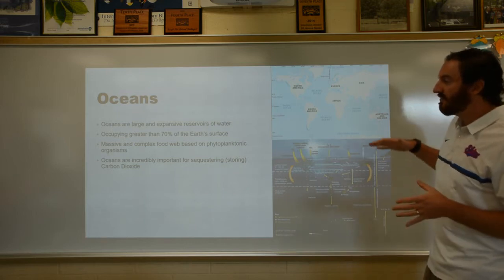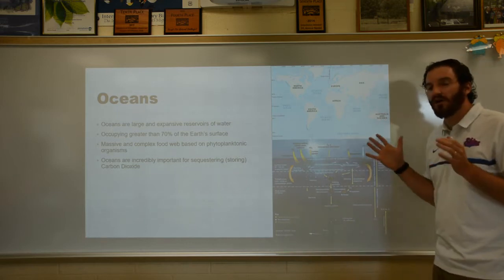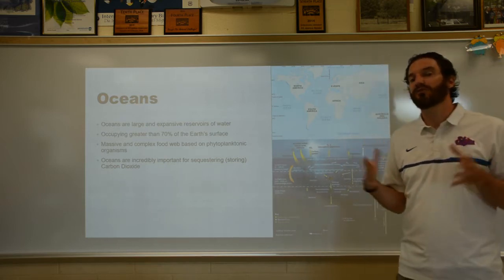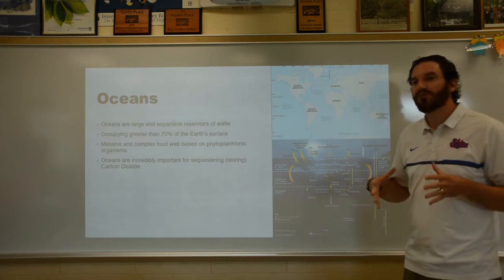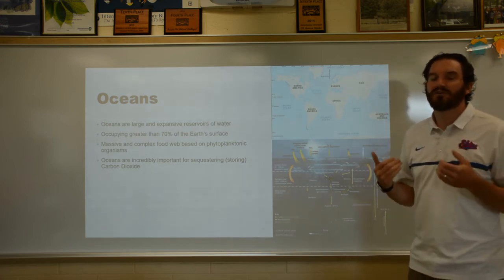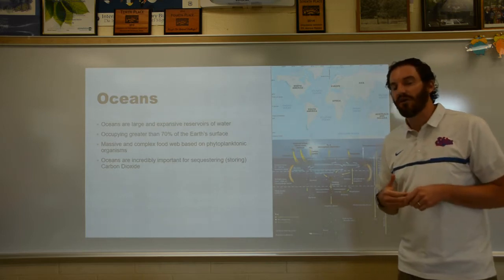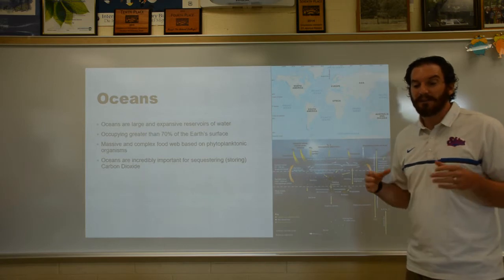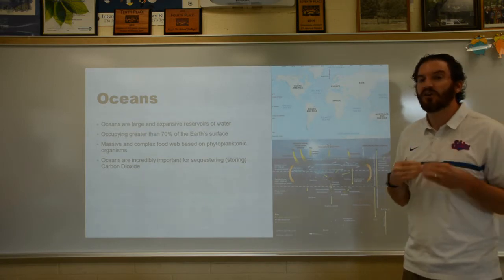Phytoplankton is then consumed by zooplankton, and then it starts to work its way up the food chain, the food web. It's incredibly important. The oceans are incredibly important, not just for the life that's found in the oceans, not just for recreation, but also for regulating this planet. The oceans are the number one reservoir of dissolved carbon dioxide on the planet, so they store more carbon dioxide than anywhere else, especially in the stone at the bottom.